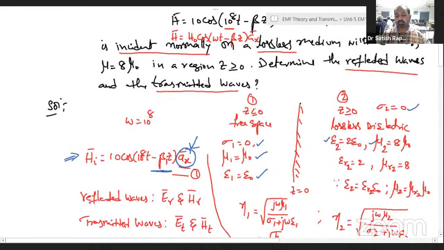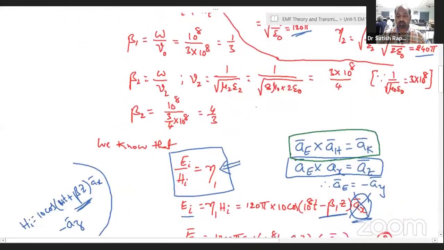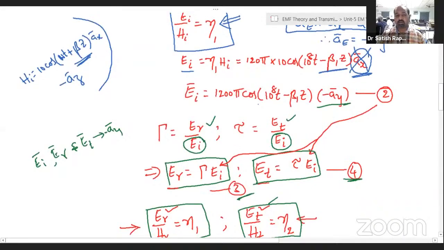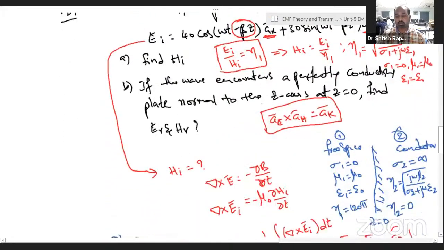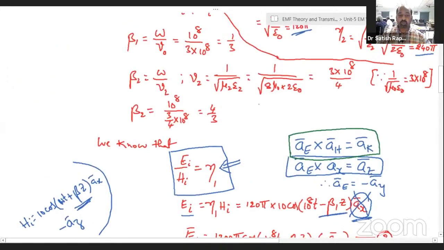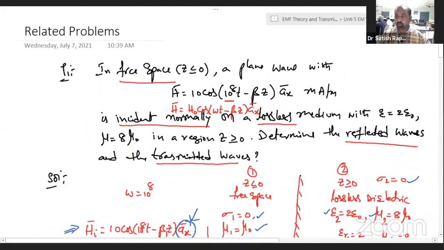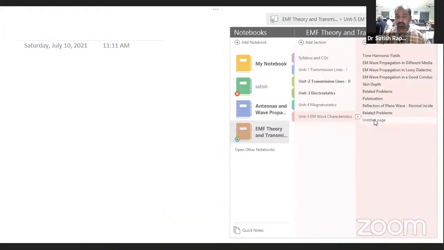Note it down, determine intrinsic impedance of region 1 and region 2, and depending on that, taking some relations, we can do the problem. I have done that in my last class. If you have any doubts, go through the YouTube video which I have uploaded in the Edmodo app. Let us move on without wasting much time.